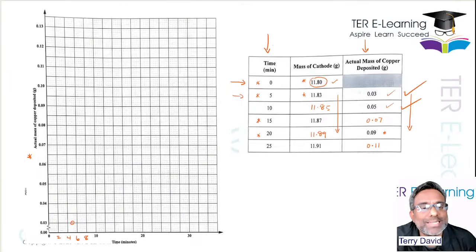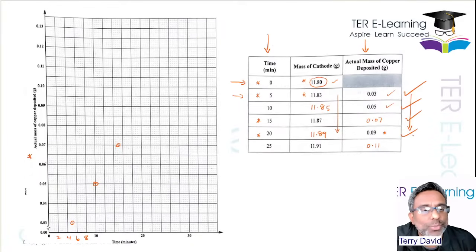The second one is 10 minutes against 0.05, so that is going to be here. The next one is 15 against 0.07, so that's 10, 12, 14, 15, somewhere here.